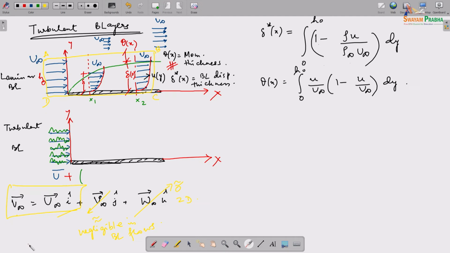Okay. So, now coming to the turbulent boundary layer description here. I have this mean flow, which is denoted by these blue arrows, and I write that as a mean flow. Along with that, this is the fluctuating part, and this whole thing then is basically equivalent to the free stream.